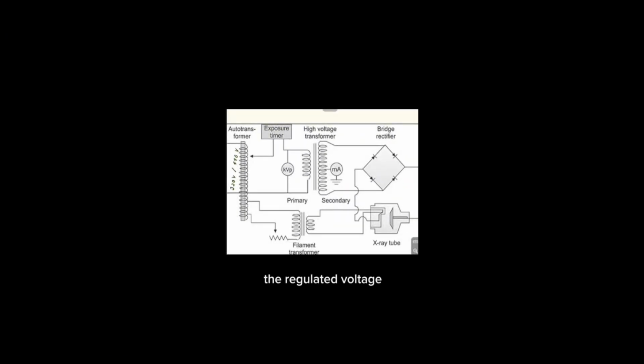The regulated voltage is sent to a high voltage transformer, which steps it up to a very high level, for example, 30 kilovolts to 150 kilovolts. The high voltage creates the potential difference between the cathode and the anode in the X-ray tube.